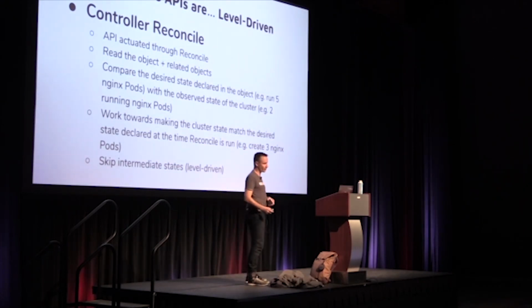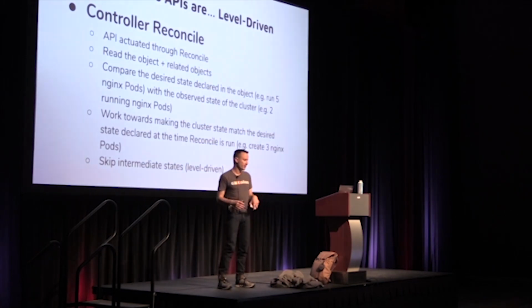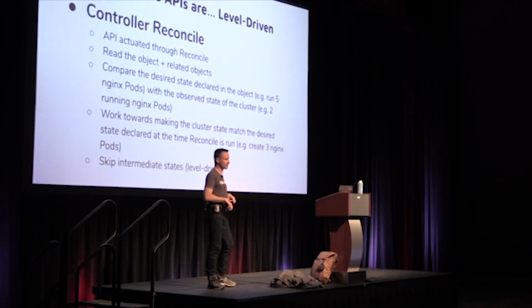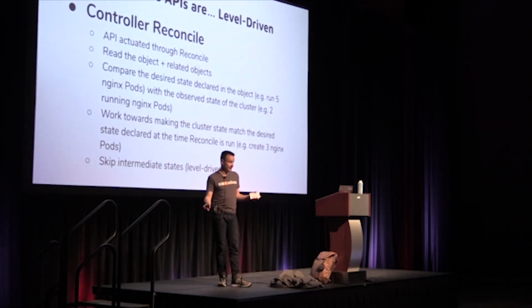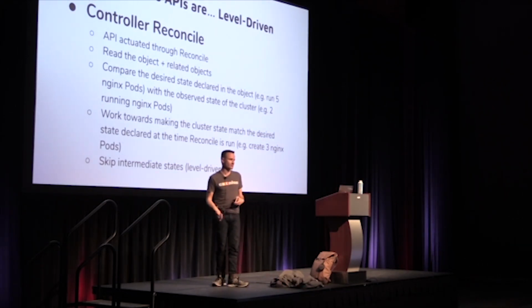The other half of the controller, in addition to the watch, is the reconcile. And this is really the core piece of what drives the Kubernetes APIs. The controller gets this namespace and name for an object or the key for it, and it reads all the state of the system, and then decides what it needs to do. So this is different than getting an event, where it says, hey, there's been a scaling event to increase replica count by 5, and OK, I'll go create some more things.